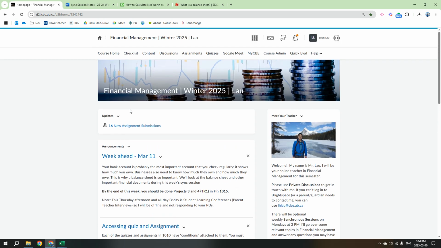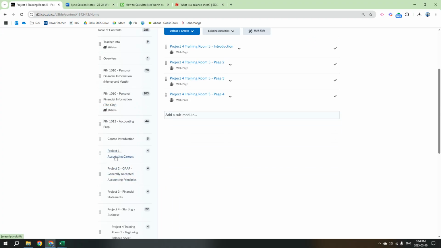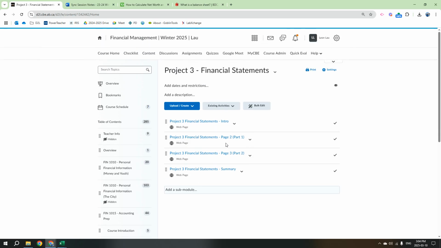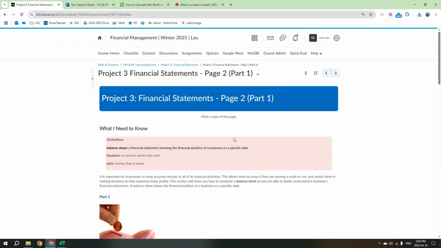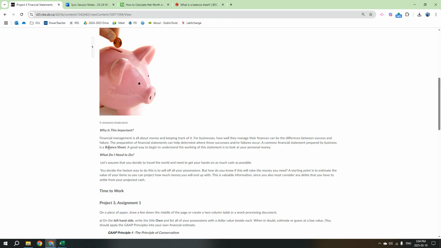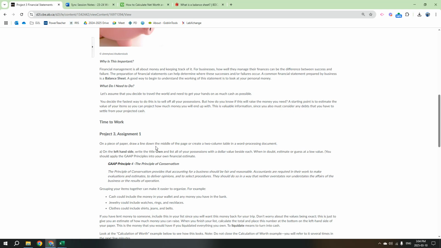Okay, so if we go into content, right, we'll see that you should be on project 3, 1015, project 3 right now. And the heading of that is financial statements, okay? And part 1 of this is called the balance sheet. And the balance sheet is just really, again, a way of looking at what your assets are, what you own, and what your debts, what your liabilities are, what you owe other people.